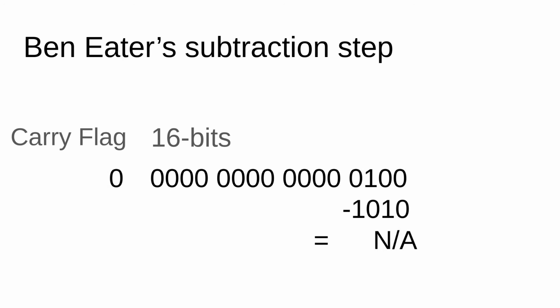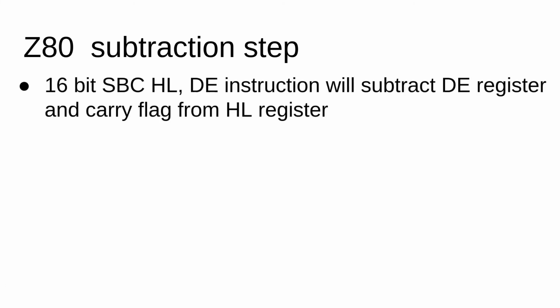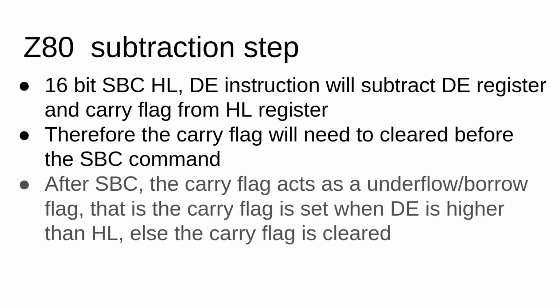For example, subtracting 10 from 13, the carry flag would remain at 1, and subtracting 10 from 8 would clear the carry flag. But Z80 subtract instructions work differently. I will use the SBC HL,DE instruction for the step, which subtracts DE and the carry flag from HL. So, the first difference is that the carry flag needs to be cleared before the subtract instruction to get the correct subtraction result. The second difference is after the SBC command, the carry flag acts as a borrow or underflow indicator.